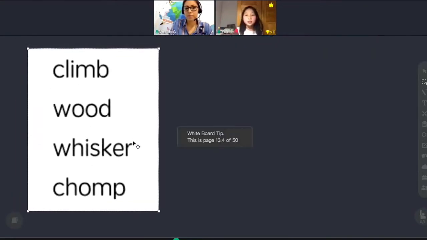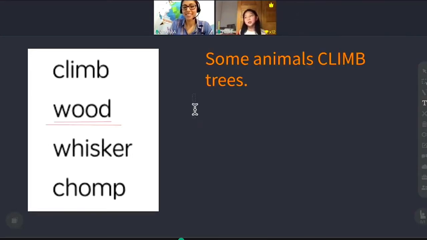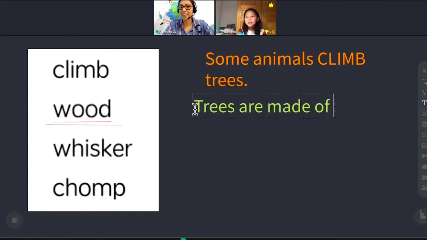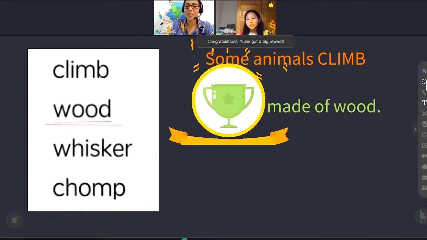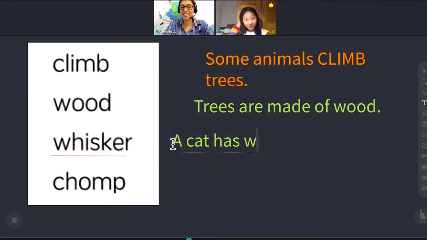Isn't it kind of like some animals climb trees? Exactly, good. So trees made of wood. Yes, fantastic, good, awesome. It's whisker. A cat has whisker. Yes, excellent, good.